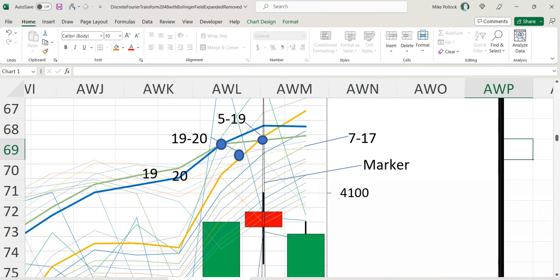And let's see if we can see a pattern on the crystal ball chart that would tell me that the closing price is going to be determined by the 7 and the 17. And then knowing that, the crystal ball chart would tell me where that intersection is, what the closing price will be. Let's go to that now.